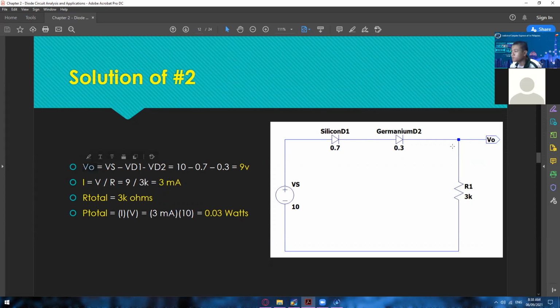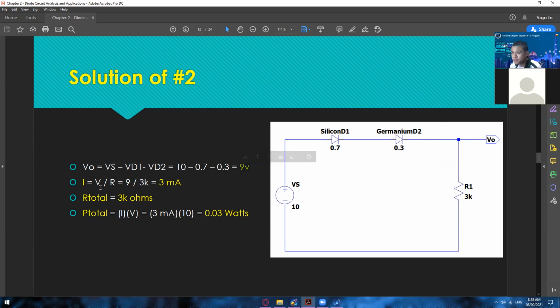So the voltage output on this label, all you have to do is check the voltage that will remain after passing through the voltage threshold of these diodes right here. So 10 minus 0.7 is 9.3, and then minus 0.3 is 9 volts. So at this point, we have 9 volts on this VO label.